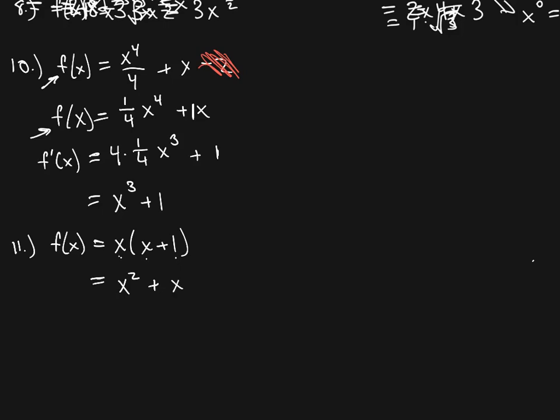And that's something we can easily take a derivative of. F prime of x will be 2x. Right? We've seen before that the derivative of x squared is 2x. And the derivative of x, remember this is 1x, is just 1. So 2x plus 1 is our answer here for problem 11.